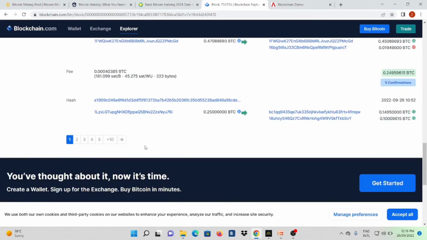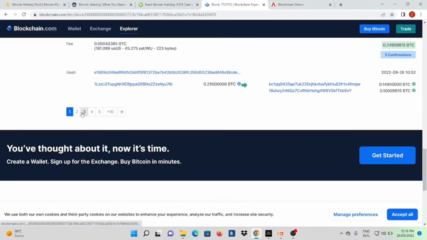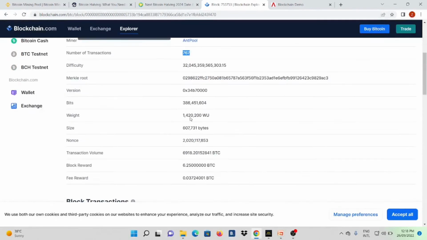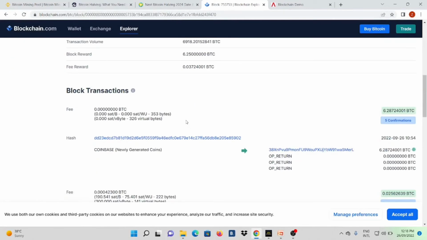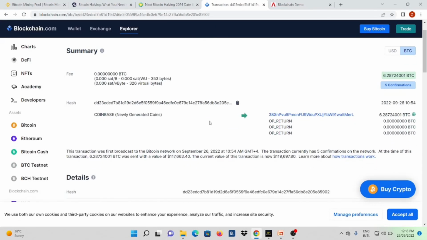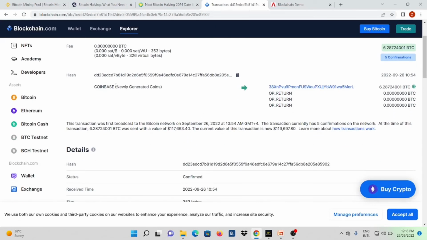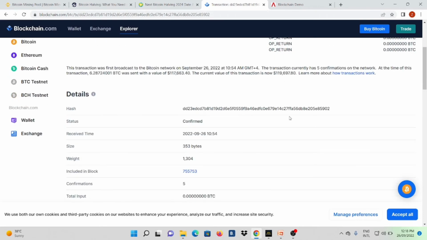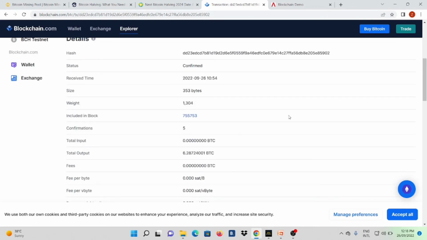As I scroll down, you have 767 transactions in this particular block, and a transaction looks like this. Let's say I click on this. You can see that Coinbase has sent the transaction to this address, and this is the total number of Bitcoin that was sent. So each and every transaction is a public record.